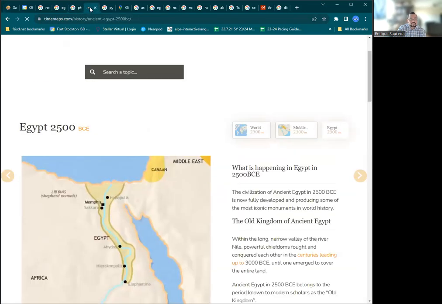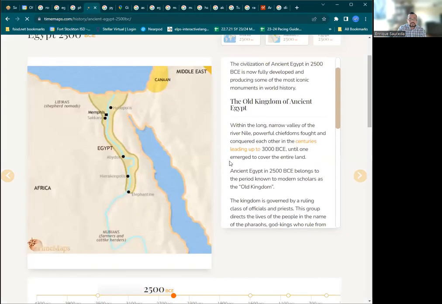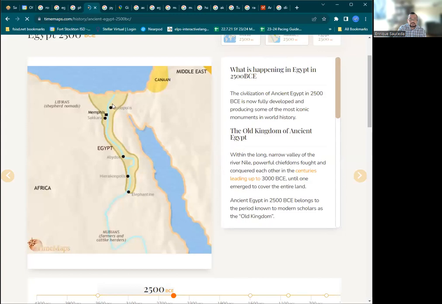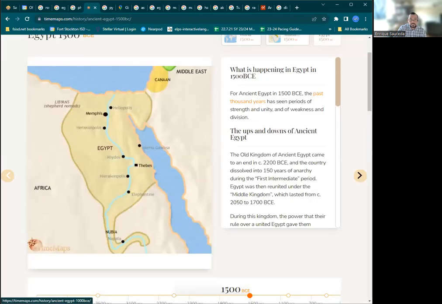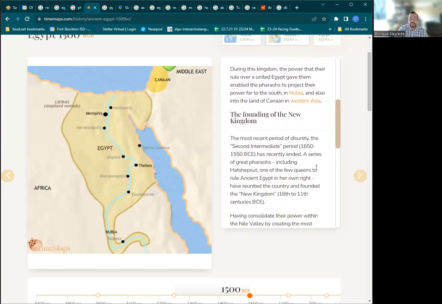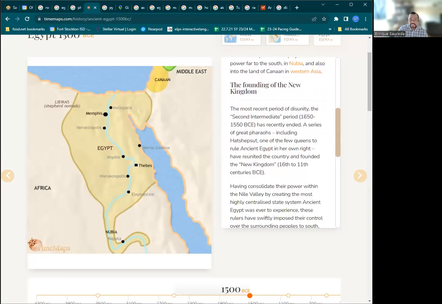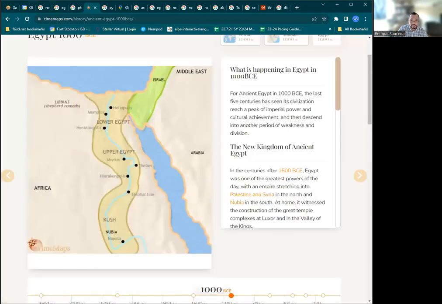So when we talk about the Old Kingdom, here's the Old Kingdom. The Old Kingdom itself spread down the Nile River. I like this timemaps.com website. As the kingdoms gained power, their territories expanded out of the Nile River, as we saw in the last lesson with the geography of Africa.